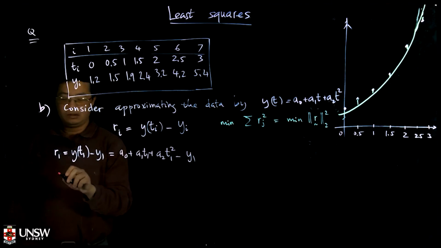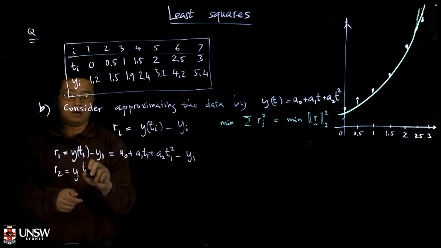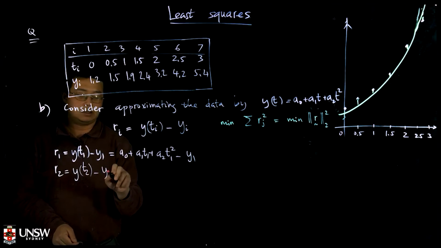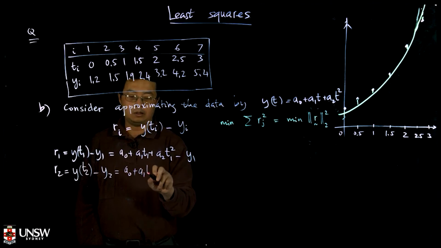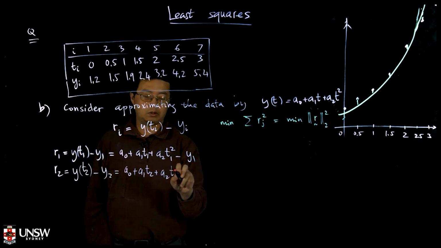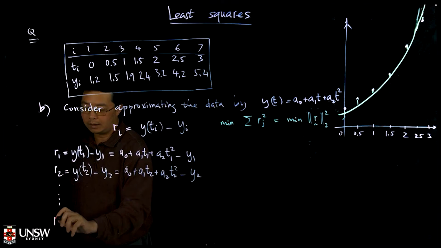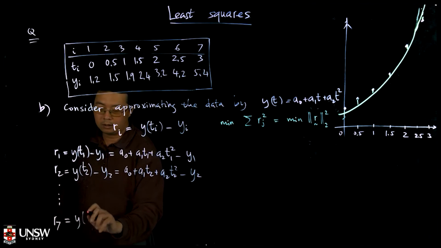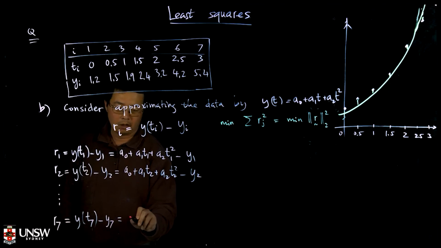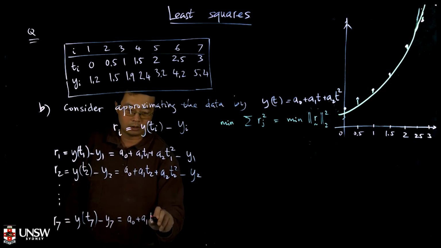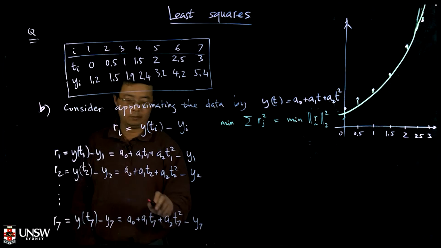Then R2 is the curve at the point t2 minus the second data point: a0 plus a1 t2 plus a2 t2 squared, minus y2. And so on up to R7, which is y(t7) minus y7: a0 plus a1 t7 plus a2 t7 squared, minus y7.